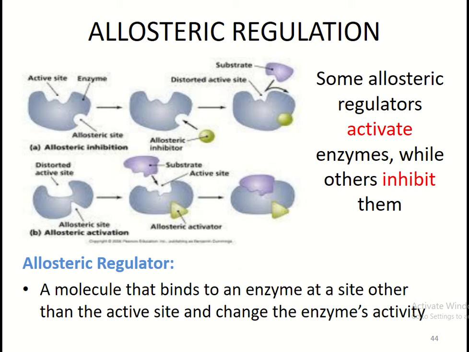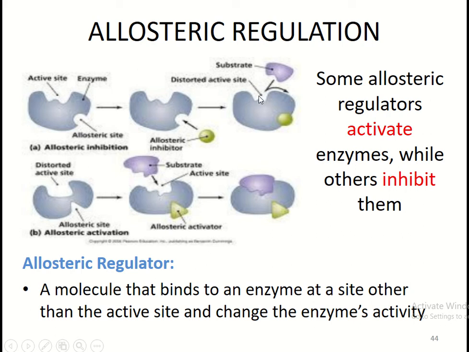So let's see. For the first one, as you can see over here, the active site of the enzyme is similar to the shape of the substrate, and when the allosteric inhibitor binds with the allosteric site of the enzyme, it changes the shape of the active site of the enzyme.